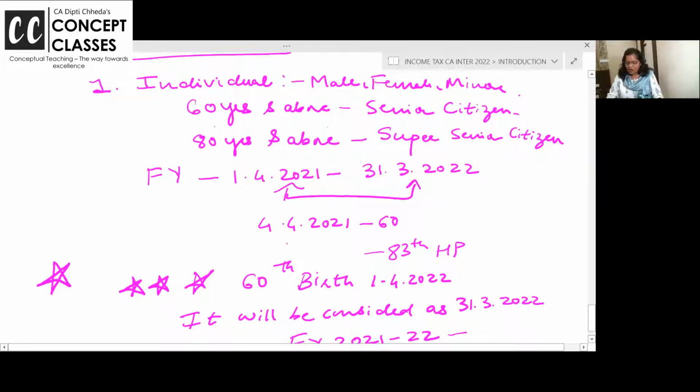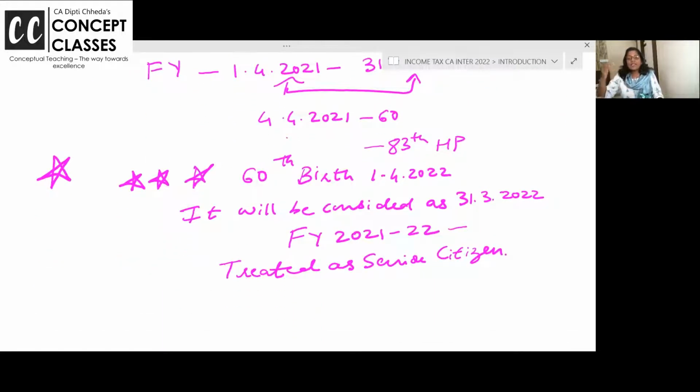Now, conflict. If the birthday is on 1st April 2022, it is taken as 31st of March 22. It is considered just one day. But if you give a finger, don't take the whole hand, you know, that phrase is there in Hindi. So don't say, ma'am, my birthday is on 2nd.